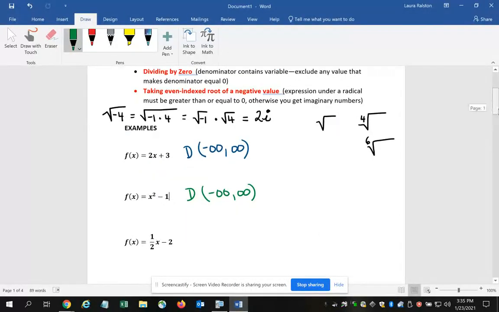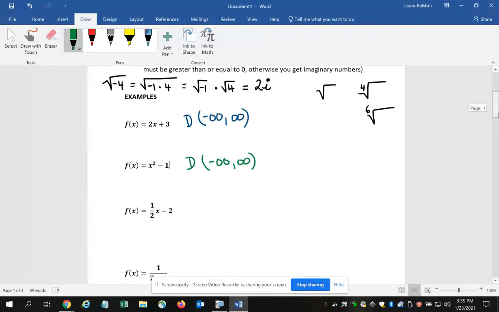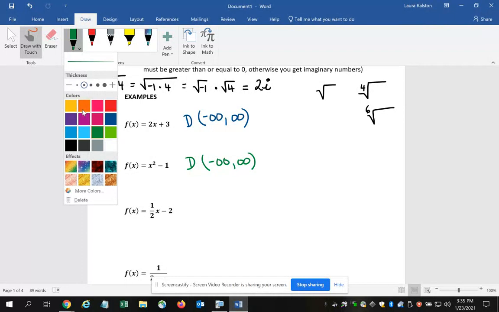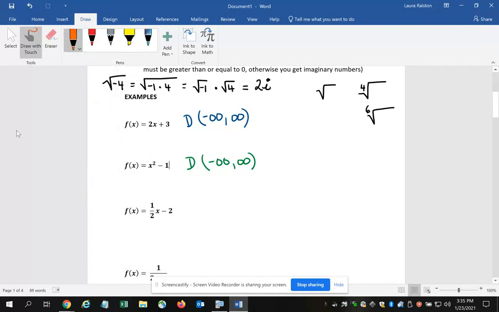Looking at the third example here, we have 1/2 times x minus 2. So again, we begin by assuming that my domain is all real numbers. And you may think, well, Miss Ralston, that one's got a fraction in it. Well, yes, it does, but the fraction does not have a variable in the denominator.